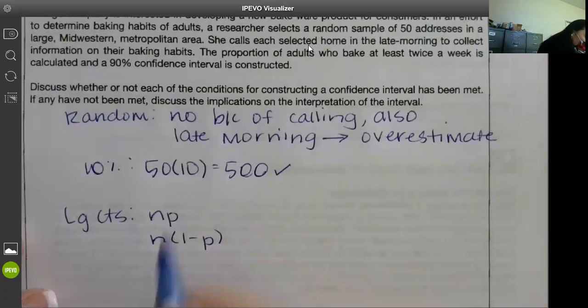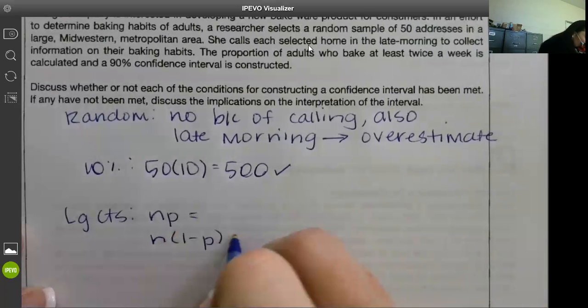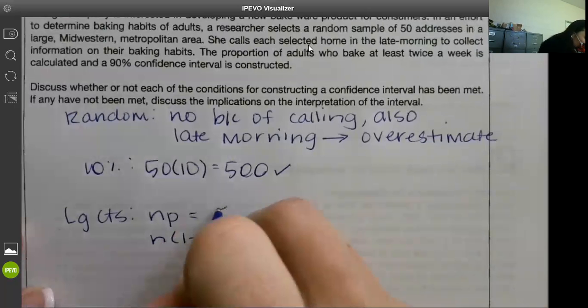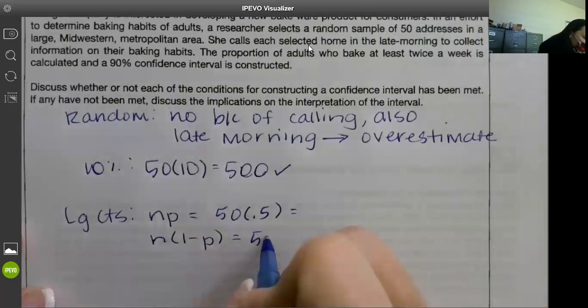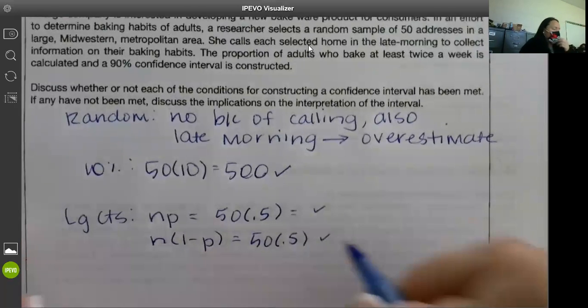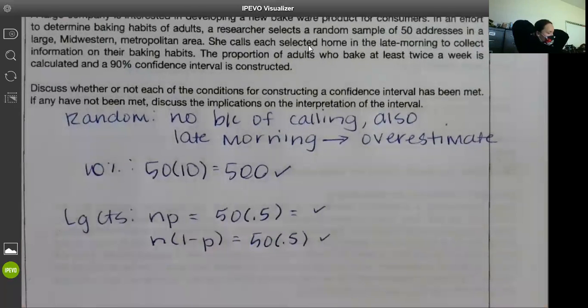So if we don't know, we have 50 times 0.5 and 50 times 0.5, and both of those will be greater than or equal to 10. Is everybody good? All right.